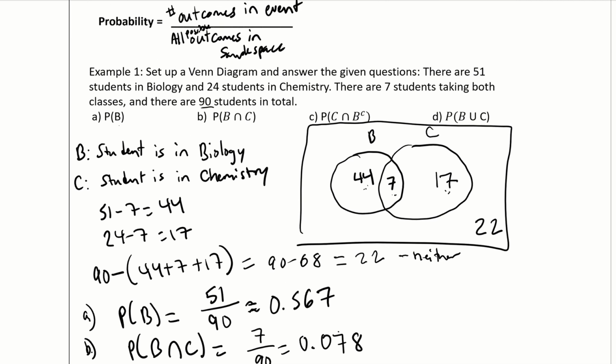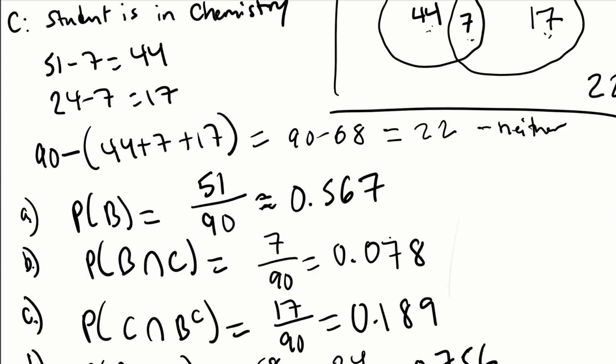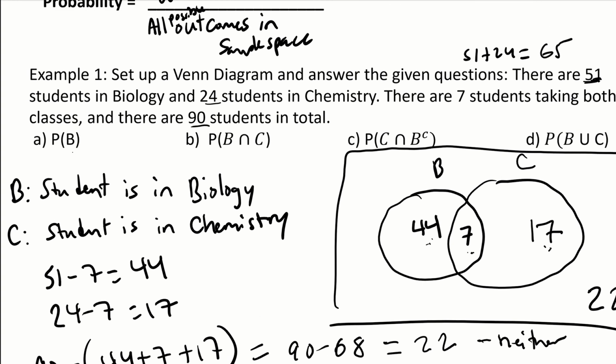But notice if you look at the problem, they said that there was 51 in biology and 24 in chemistry. So if we just added those numbers, 51 plus 24, we're actually going to get more than we were supposed to, right? We're going to get 65. And the reason why we get more when we add the numbers that they gave us here, biology or chemistry, is because we have to exclude those students that are taking both, right?